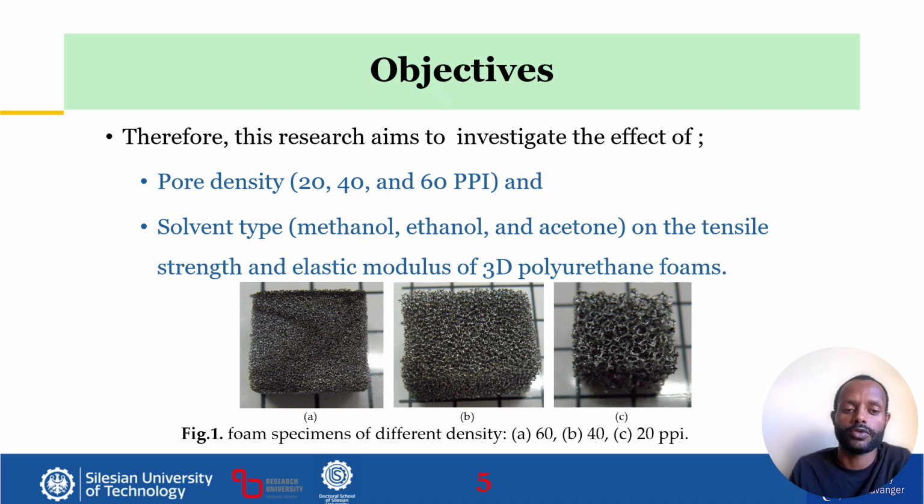That means if we draw a line which is 1 inch, this line passes through 60 pores. The same is true for the 40 ppi. If we draw a 1 inch length line, approximately 40 pores are passed, and for 20 also the same.